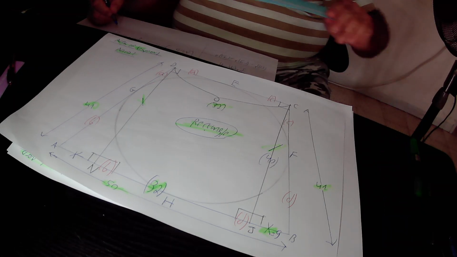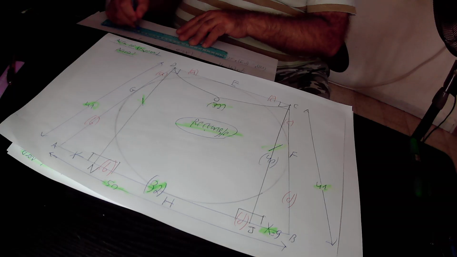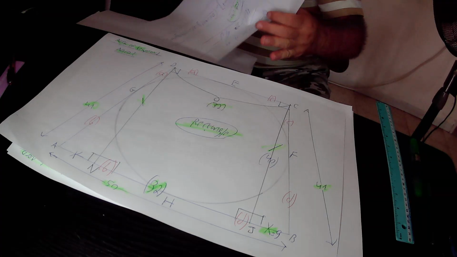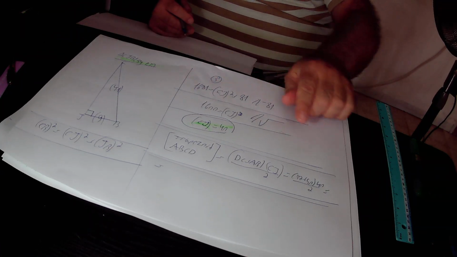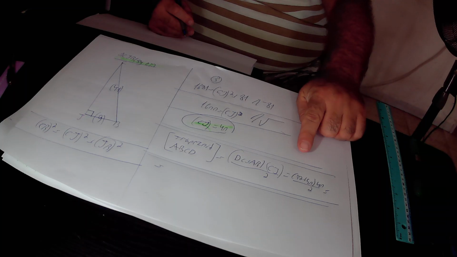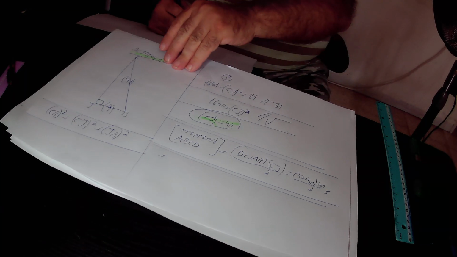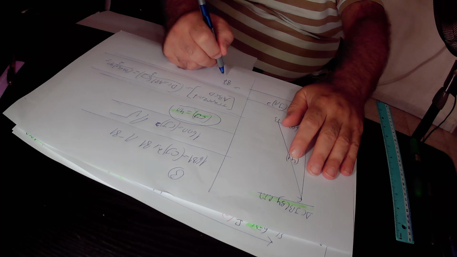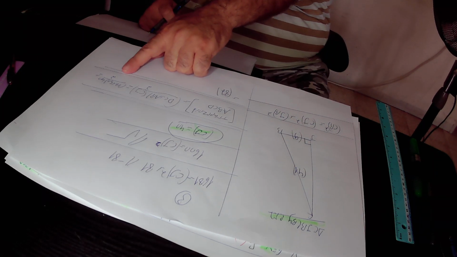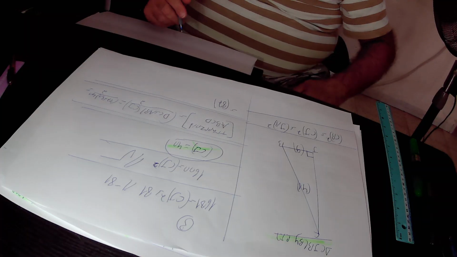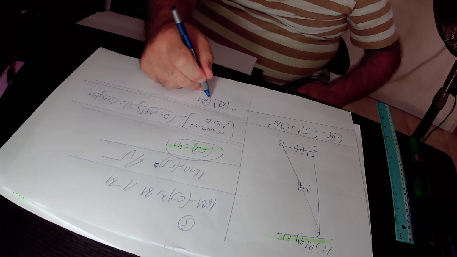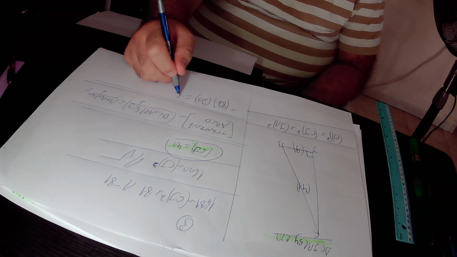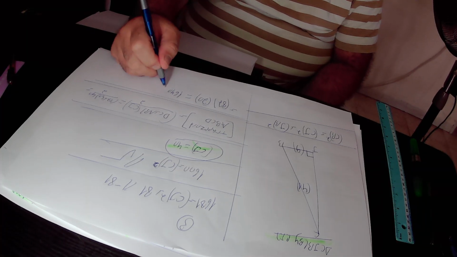So in total we found that the area of trapezoid ABCD is equal to 32 plus 50 times 40 over 2. 32 plus 50 is 82. And 40 over 2 is 20. So in total, the area of trapezoid ABCD equals 82 times 20, which is 1640 square units.